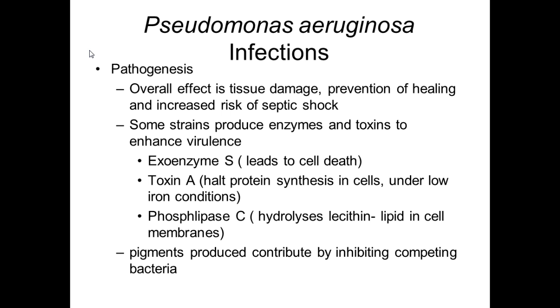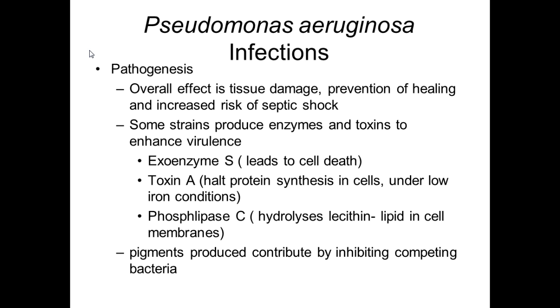So some strains, right, so this is going to vary from strain to strain of Pseudomonas, but the toxins that they produce: exoenzyme S leads to cell death. So this is an enzyme it secretes, right, and it binds to our cells and kills our cells.